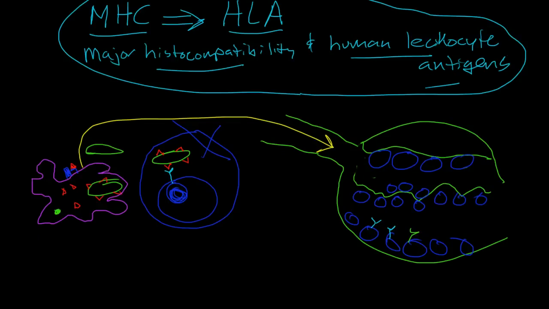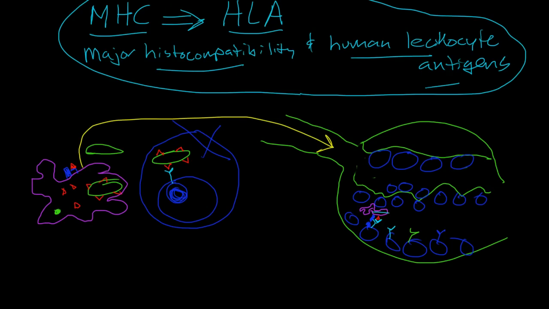As the macrophage winds its way through, displaying a major histocompatibility complex and next to it the little antigen, it's going to connect with the major histocompatibility complex and also connect with the epitope that matches its antibody.